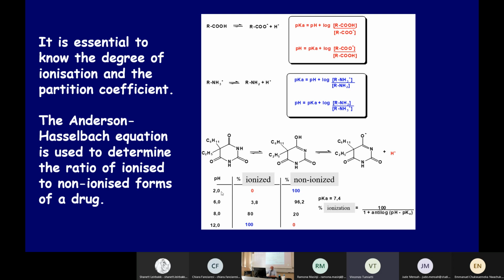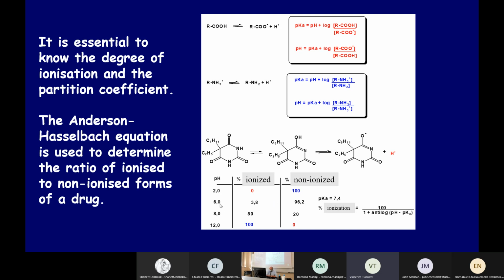At pH 2, you have a total 100% of non-ionized form in stomach. So you have a complete absorption of your compound in the stomach because it's not charged. It's not in a charged form.